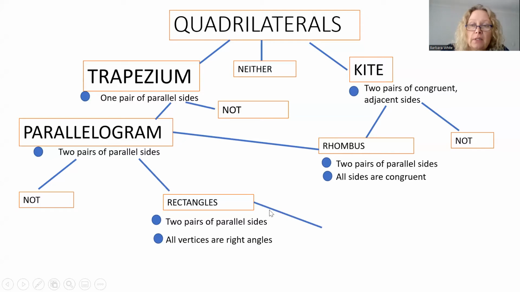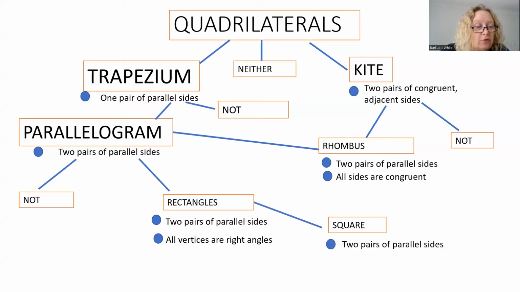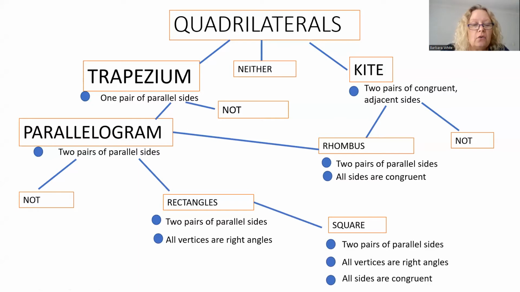The rectangles can be sorted into rectangles that are squares, which have two pairs of parallel sides, which have all vertices as right angles, and which have all sides congruent, or they're not squares. So the rectangles are either squares or they're not squares. We'll go back to that in a minute.